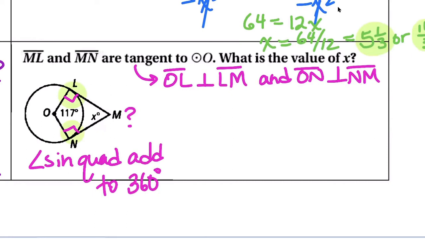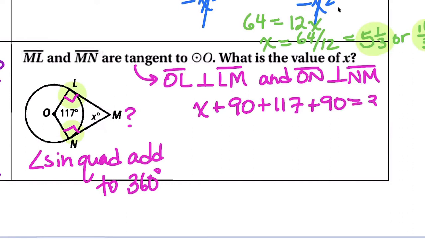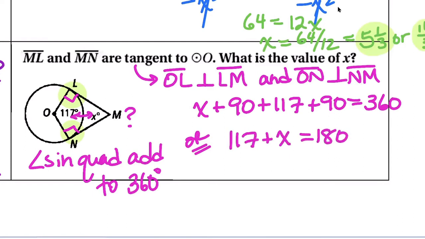So you could do x plus 90 plus 117 plus 90 equals 360 and work it out that way using the quadrilateral. I think it's easier to just say these two angles have to be supplementary. So 117 and x has to add to 180 because we've taken away 90 and 90, we've taken away 180 degrees from the quadrilateral. So that makes x equal to 63.